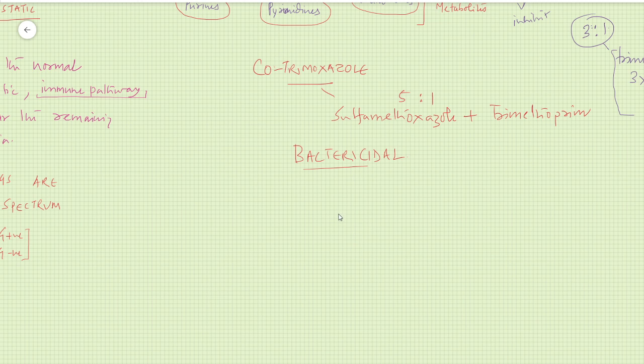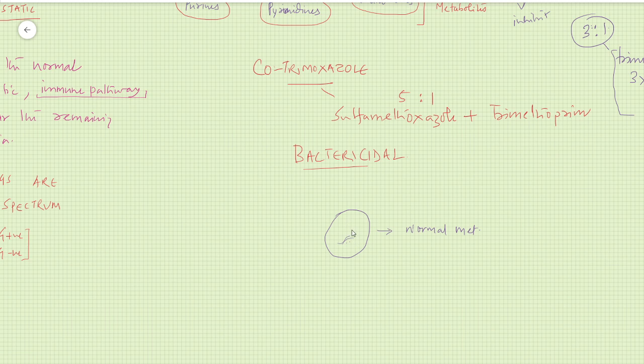So now what could be the logic? Why does it kill? Think about this: there is this bacteria, and to grow and maintain its viability, it needs to continuously produce enzymes for it to undergo its normal metabolism. Okay, it needs to make housekeeping proteins.